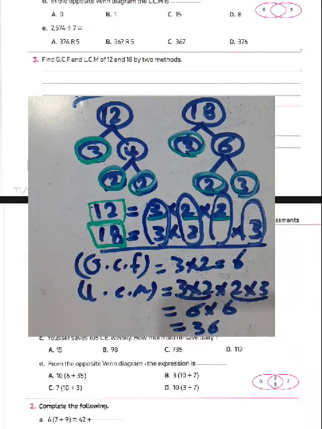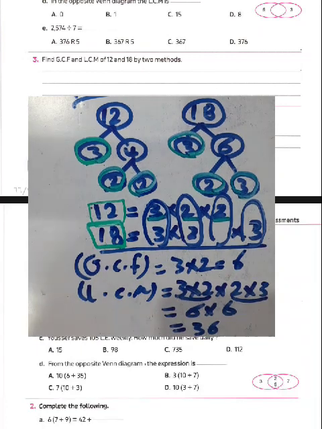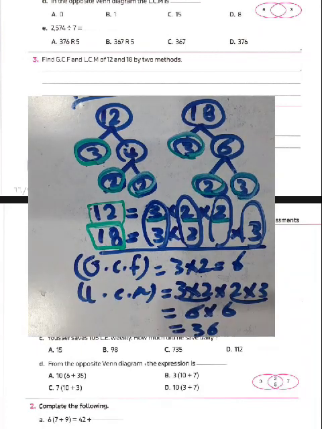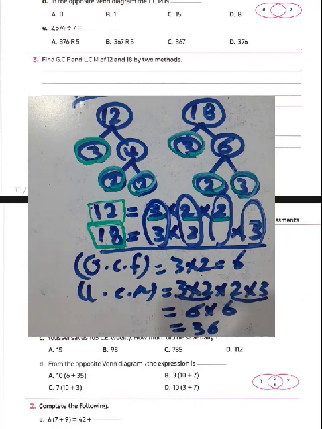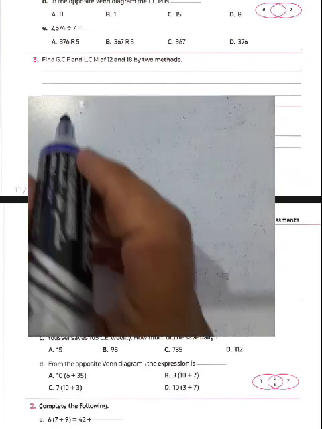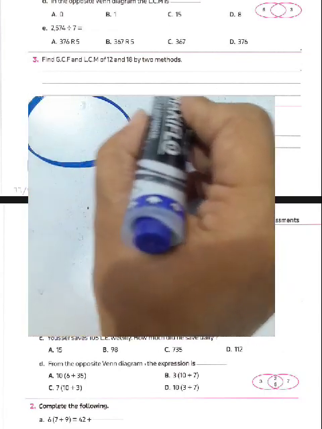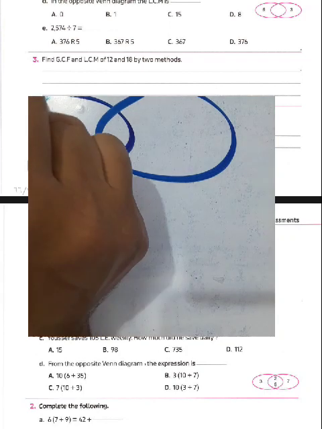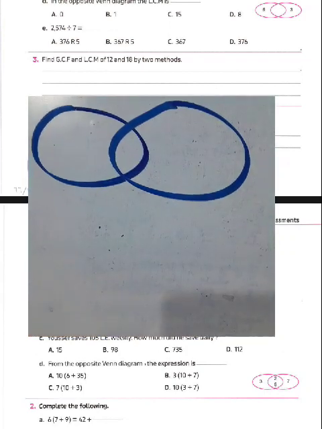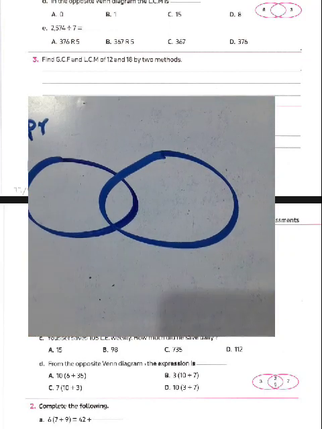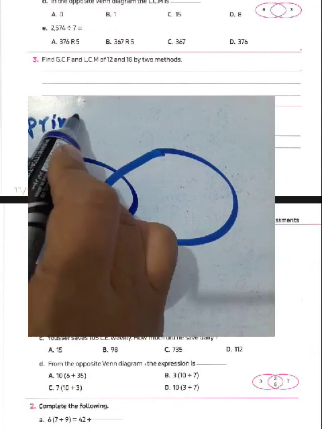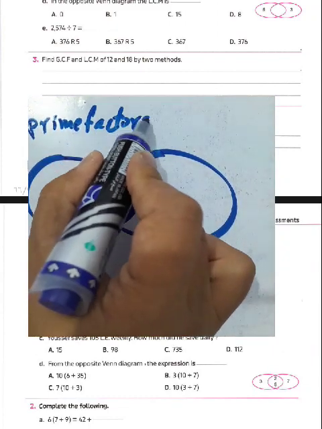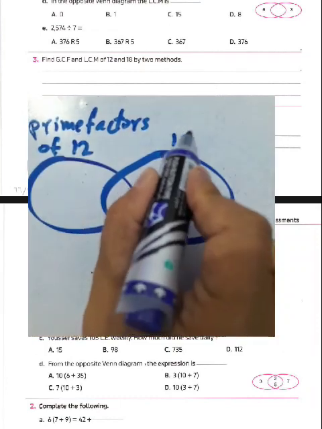And what about the second method? In the second method, you can use a Venn diagram. Look with me at the Venn diagram. I will solve it here. You can draw two circles, circle 1 and circle 2, and write the prime factors of 12 and 18.